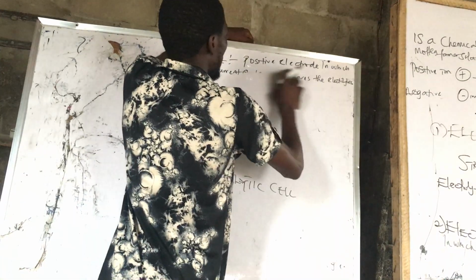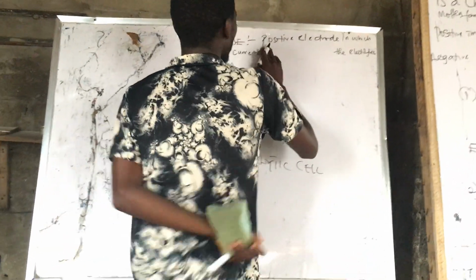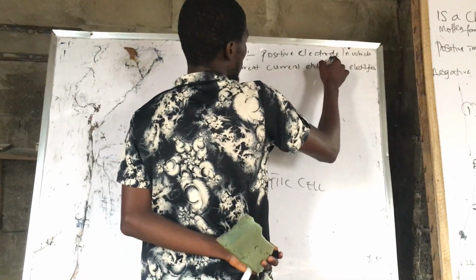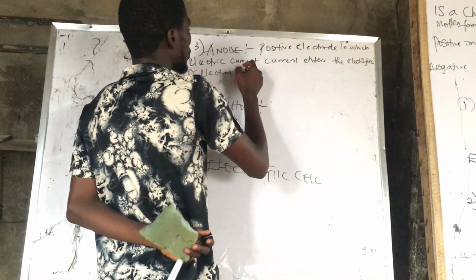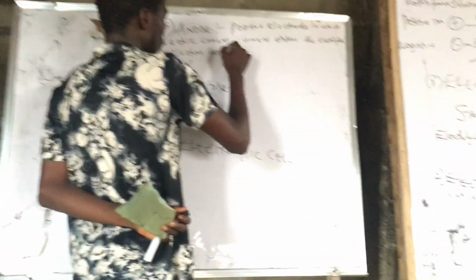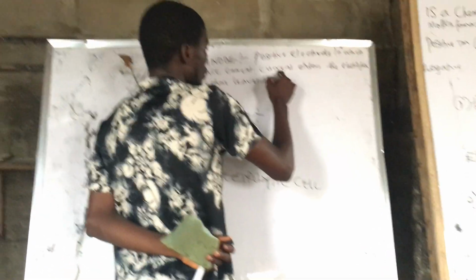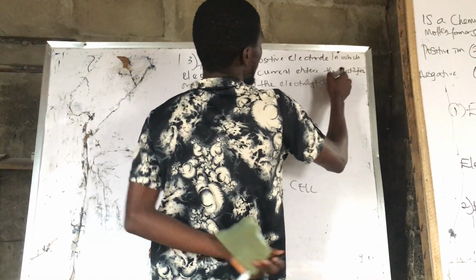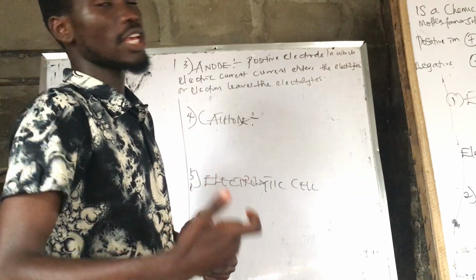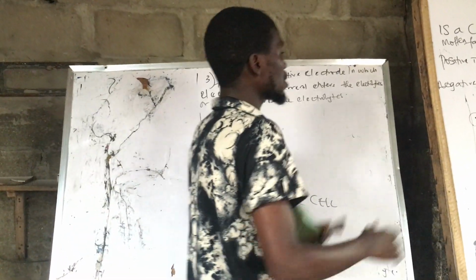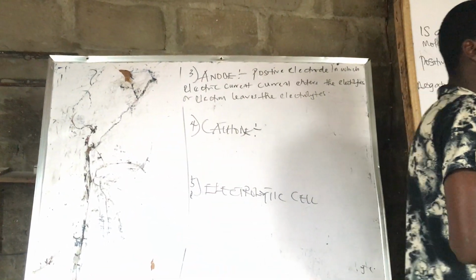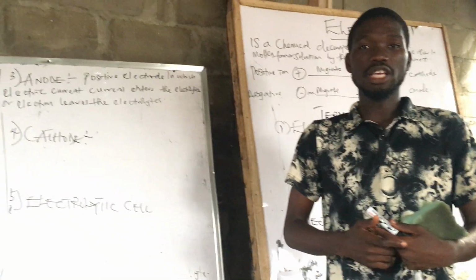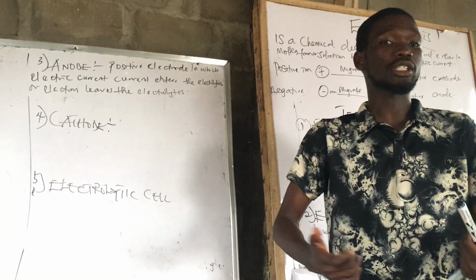Electric current enters, or electrons leave, the electrolytes. So class, JAMB might put the question as: the carbon pole of an electrode in which electric current leaves the electrolyte is dash.